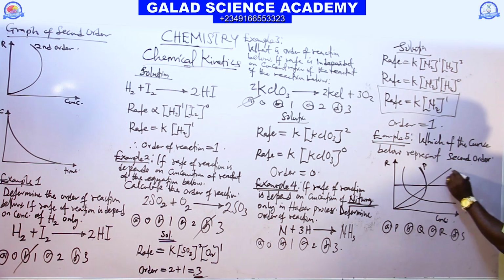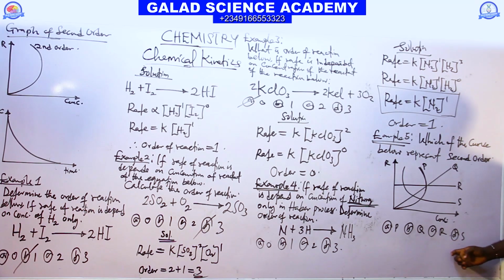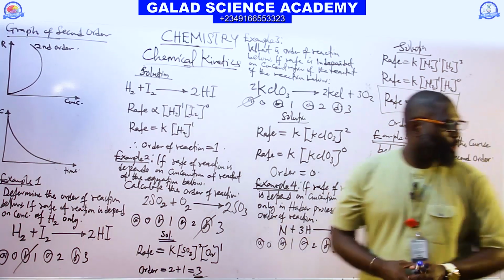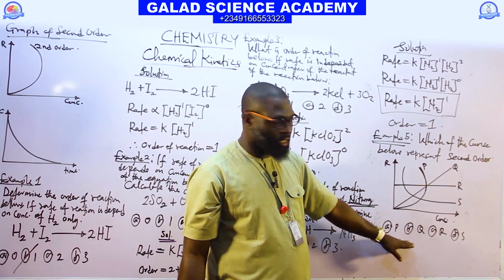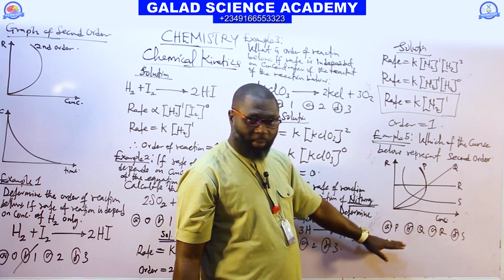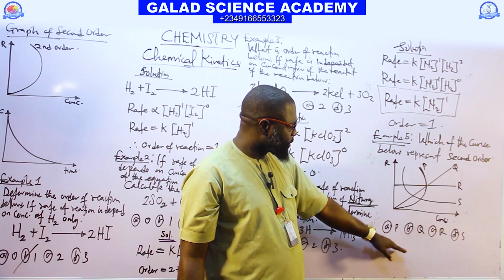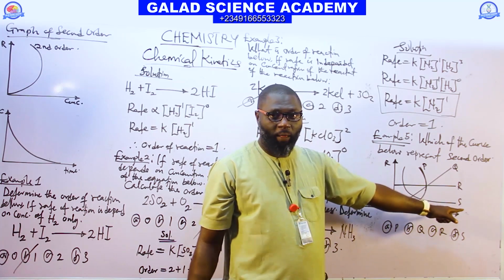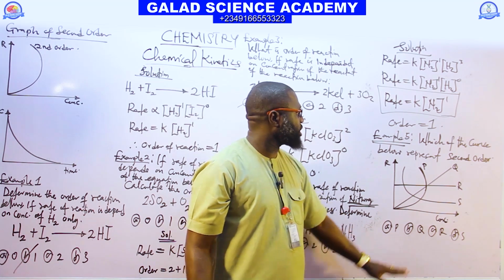So call these P, Q, R, X. Which of the curves represents the second order? Please, help me put the answer for this one in the comment section. So we are given these curves now, and we are expected to find the curve that represents second order. So you can put the answer in the comment section.